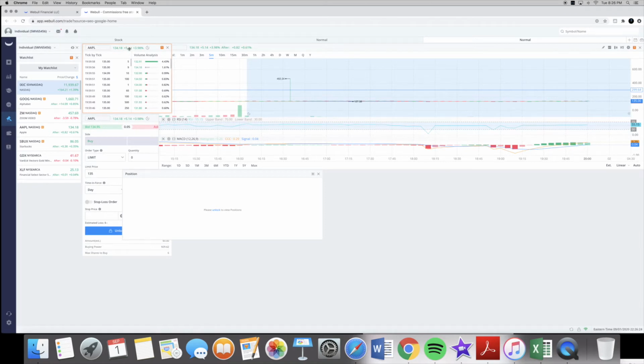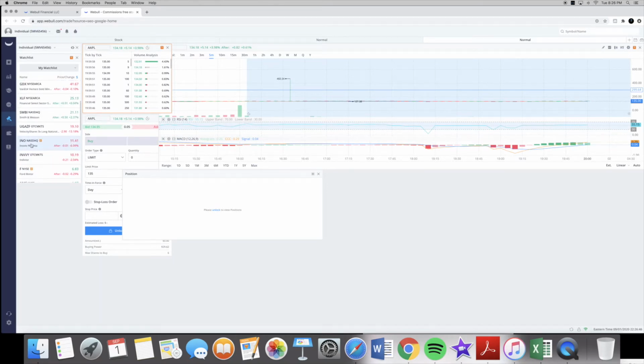This number right here means the difference between yesterday and today. Now, what's the percentage next to it? That basically means Apple is 3.98% higher than yesterday.